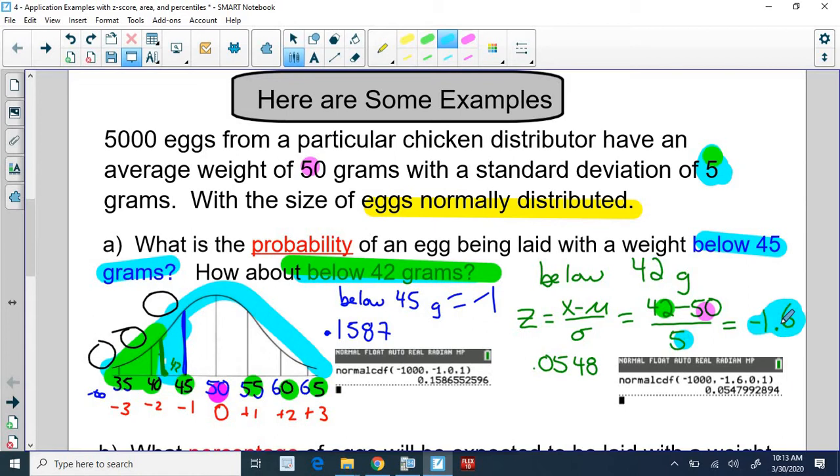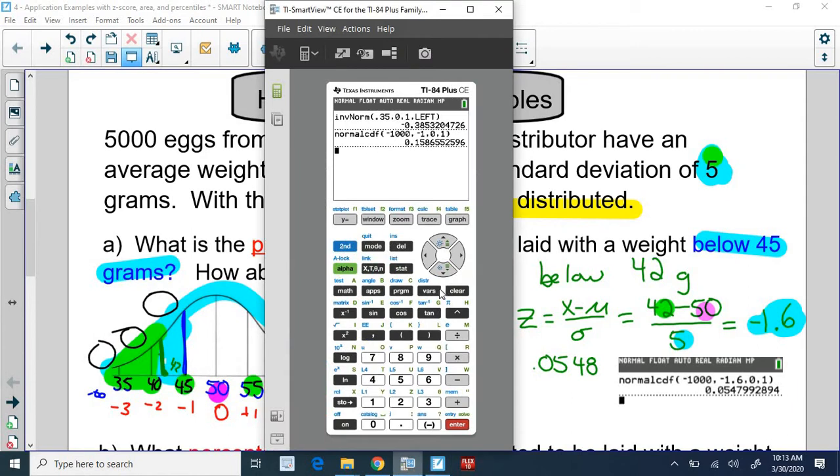You can use your calculator. Make sure you use parentheses or the fraction feature. To do the fraction feature, you hit alpha F1. You go to the fraction mode, and you just type in 42 minus 50, and then divide by 5, and that will give you the number. Now, unfortunately, this is probably going to come out as a fraction because it's in fraction mode.